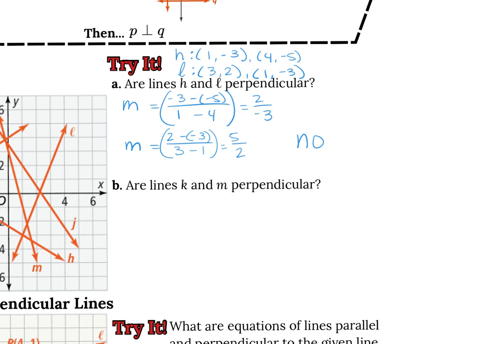And then K and M. All right, we already found our coordinates for K, so we can use the same coordinates.